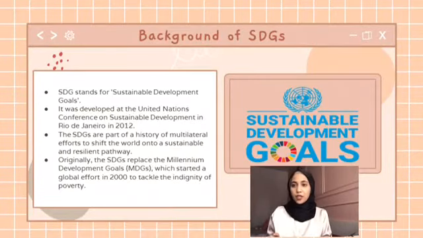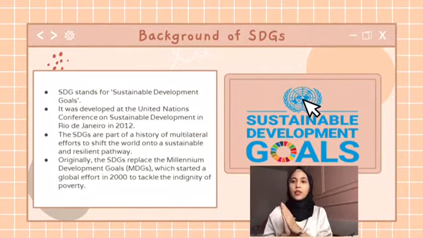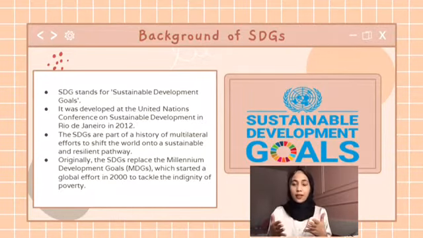What is the background of the SDG? So as it has been mentioned before, SDG refers to Sustainable Development Goals. It was first developed at the United Nations Conference on Sustainable Development in Rio de Janeiro in 2012, way before when it was set up in the United Nations General Assembly in 2015.